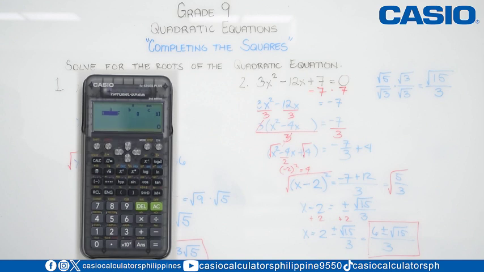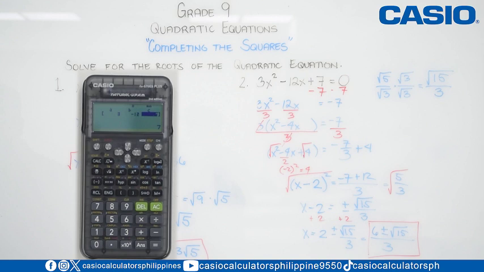Then we type in each value of our coefficients a, b, and c. So in our case, a is equal to 3, then b is equal to negative 12, and c is equal to positive 7. Now we have entered all the values of a, b, and c.